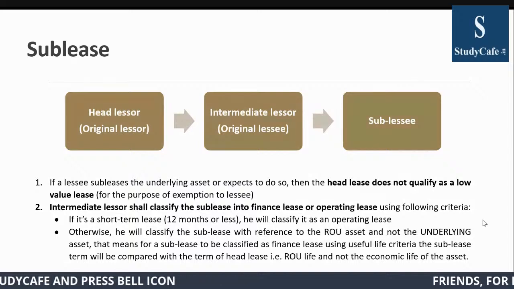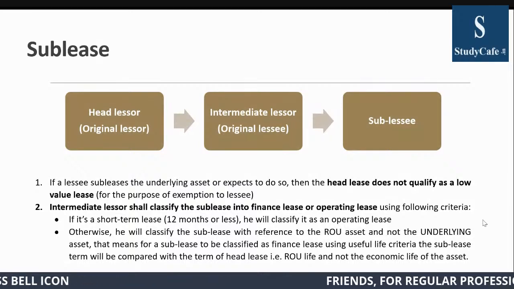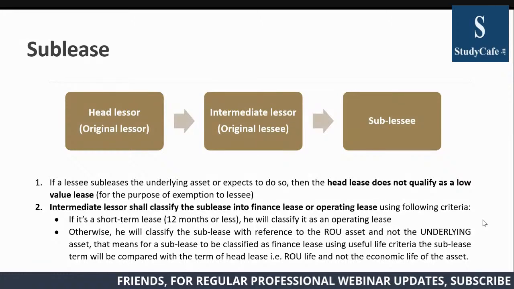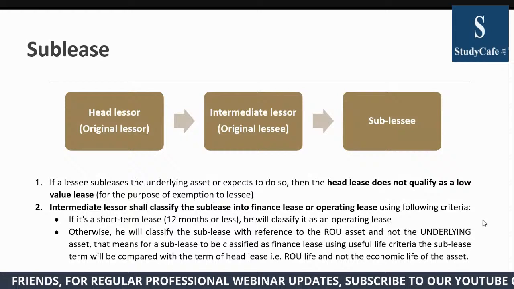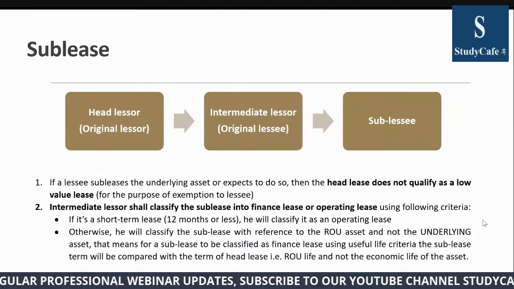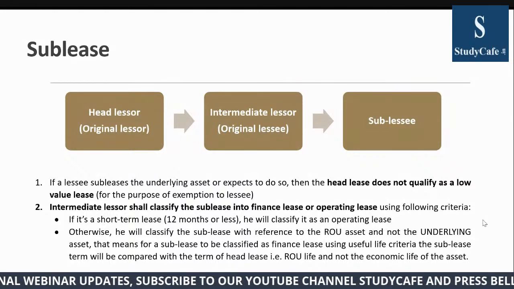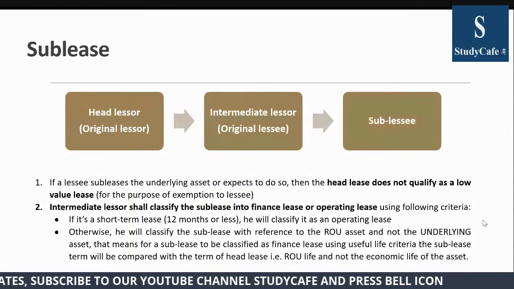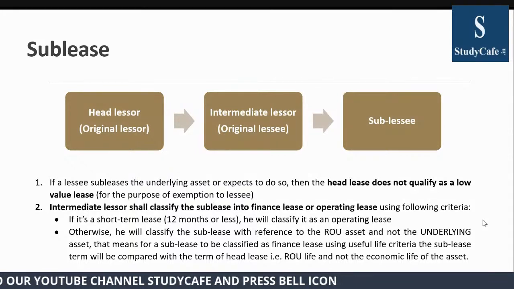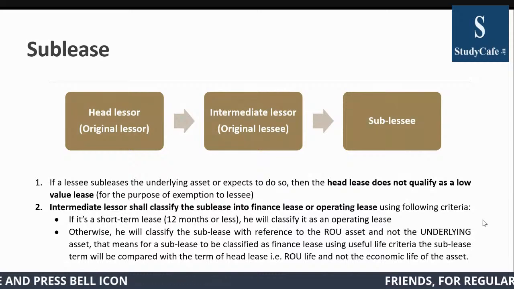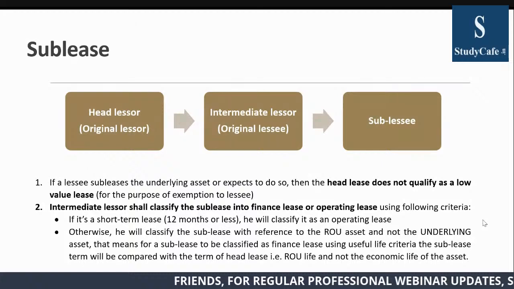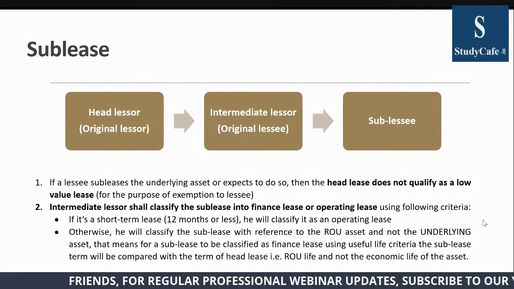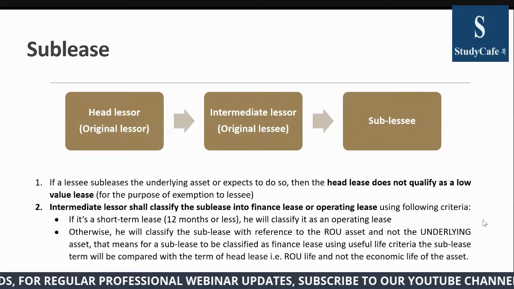Further, for the sublessee, which is company C, again the accounting remains the same as per the other guidance in Ind AS 116. But for the intermediate lessor, that is company A, the accounting and the guidance is a little twisted. In this case, the company needs to assess if the sublease will be classified as a finance lease or an operating lease, because now the lessee has become a lessor.